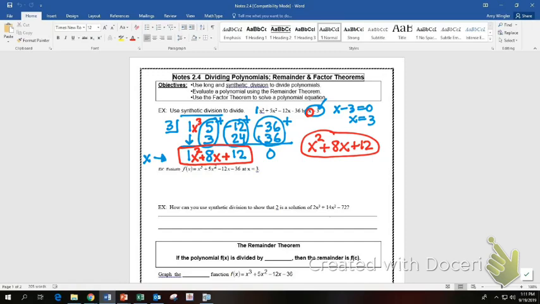In the next example, we're taking the exact same function, but this time we're told to evaluate when x equals 3. So those directions mean we need to basically find f of 3 by plugging in a 3 and doing the math to find the y value.